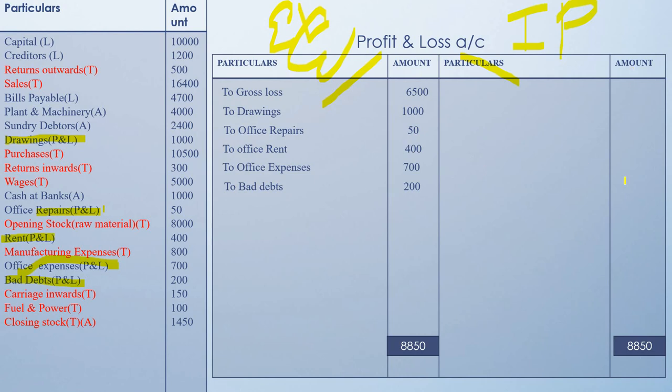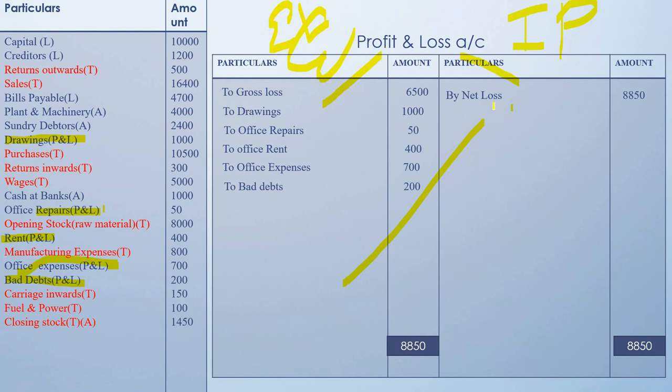Here the expenses are more and there is no income. If income is not there but expenses are happening, cash is going outside but nothing is coming inside, so the business is facing a loss. This loss we call a net loss, a net loss of 8,850. This net loss is carried forward to the liability side and deducted from the capital.